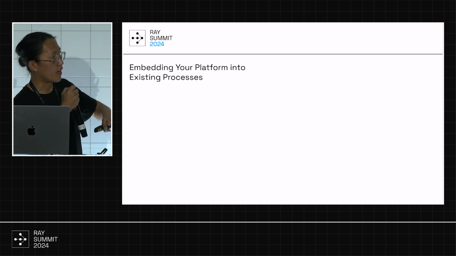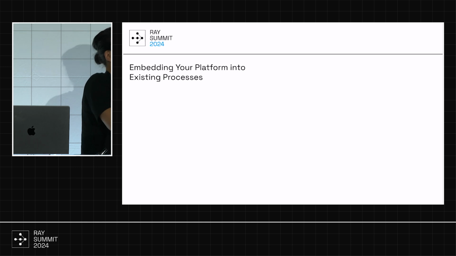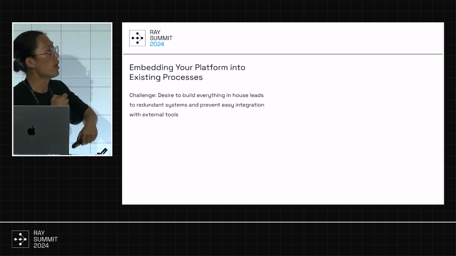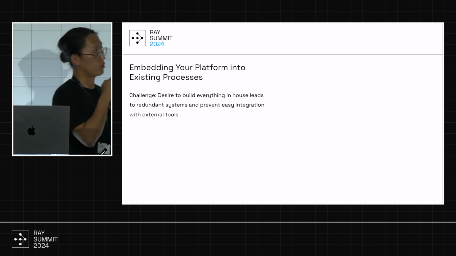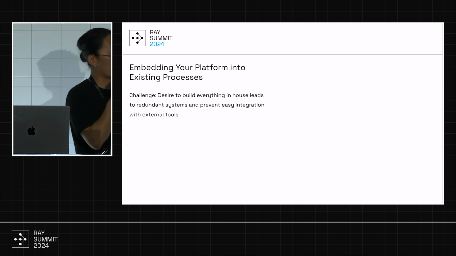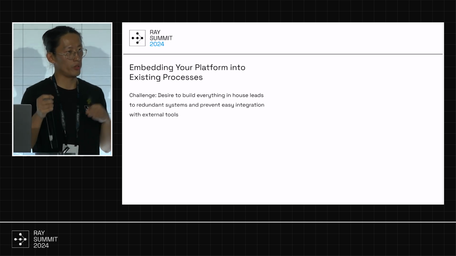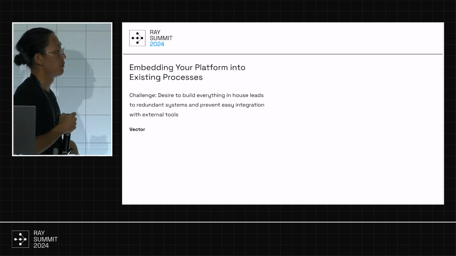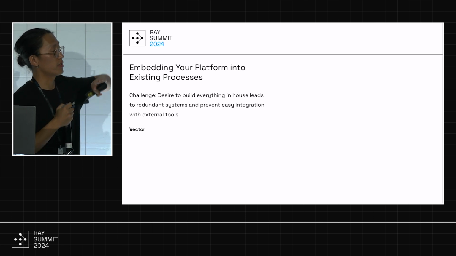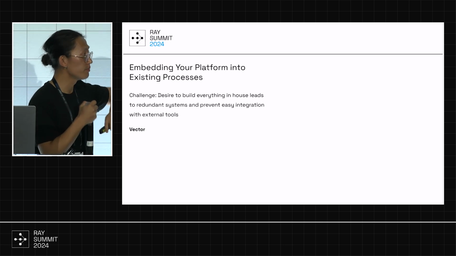So here I want to touch on one of the more important lessons we learned as we built Anyscale as a platform, which is that it's really critical to not only build tools that provide out-of-the-box value, but also to think about the users that will be using this and ways that they can integrate with these tools. So for observability, Vector is the component that's critical for that mission.